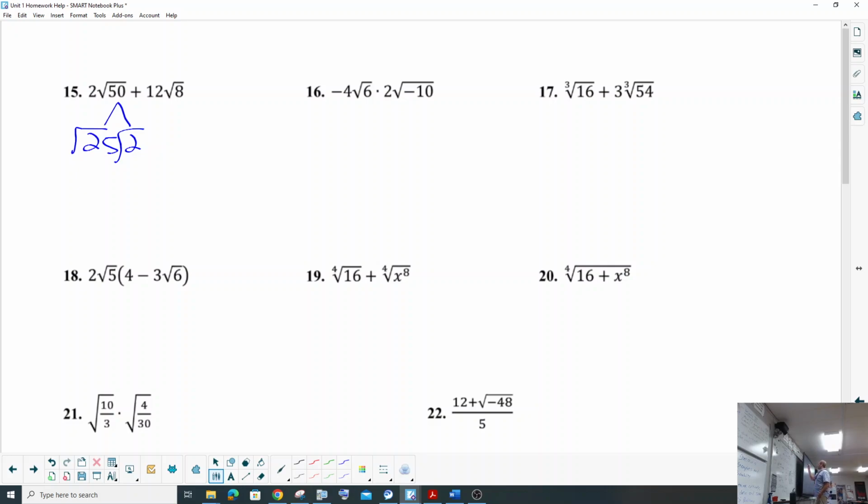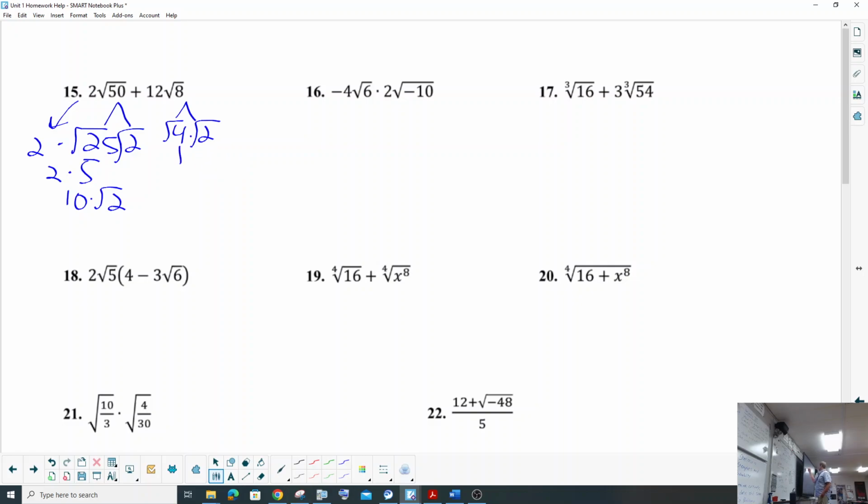Okay, so then we bring down the 2, and the square root of 25 is 5. 5 times 2 is 10, so we get 10 radical 2. On here, 4 times 2 is 8. Don't forget, they're still being square rooted. If you put them back together, that's radical 8, but we're trying to break it down.